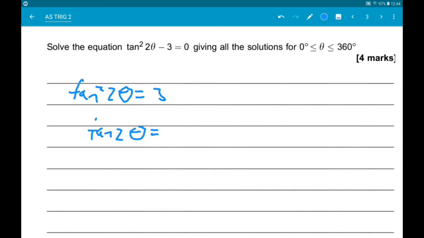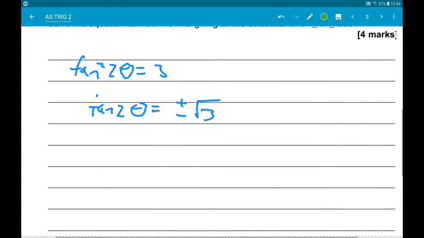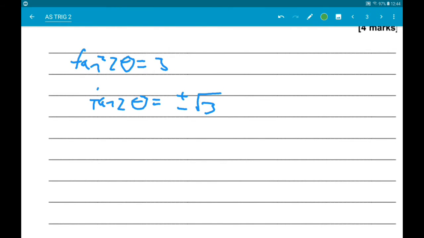Now we need to be very careful here, very important with trig. When you square root, you get plus or minus the answer. So, tan 2 theta is plus or minus root 3. Okay, so now we have 2 equations to solve. So, first up, I'm going to do tan 2 theta is equal to positive root 3.